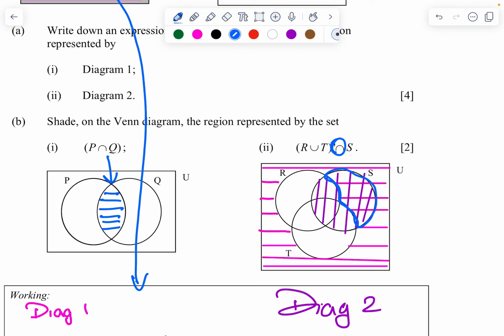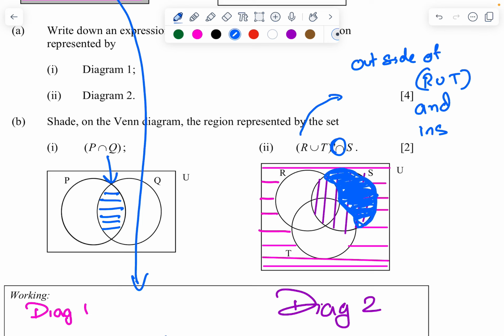This region is present in both. So that's going to be the answer. So I shade it out. This is your final answer, which is present in both, which is outside of R union T and inside of S. Inside of S, that's going to be the region. So that is the final answer.